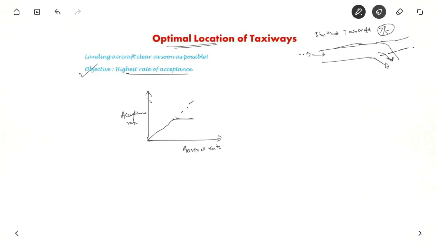Like this taxiway can accommodate, let us say, only 10 aircrafts in 5 minutes. So rate is 10/5. It cannot go more than that. After that, even if an aircraft lands, it has to wait so that it clears. This will affect the arrival rate. You cannot go beyond this point because of your exit taxiway considerations. So you should take this point as high as possible. That is your aim. So this is called the balance point. And this will determine the capacity or the runway saturation.